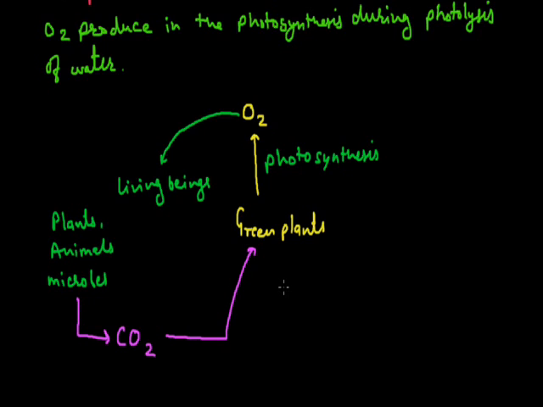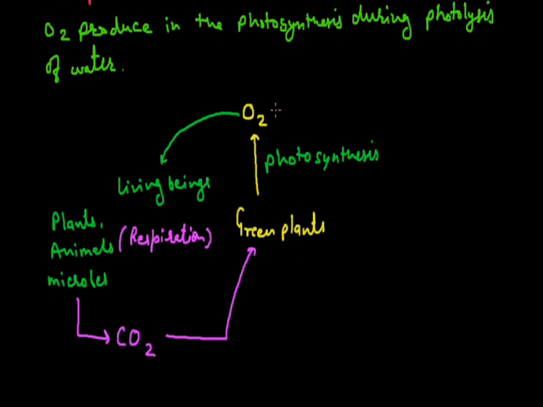So this is the process in which oxygen is produced and oxygen is consumed. Oxygen is consumed in living beings during the respiration process. Respiration is the oxidation of food or energetic molecules which produces energy.